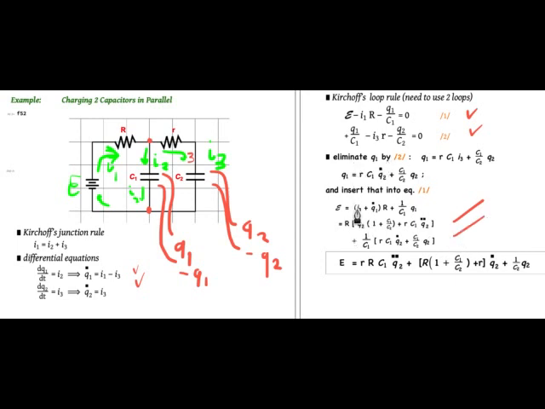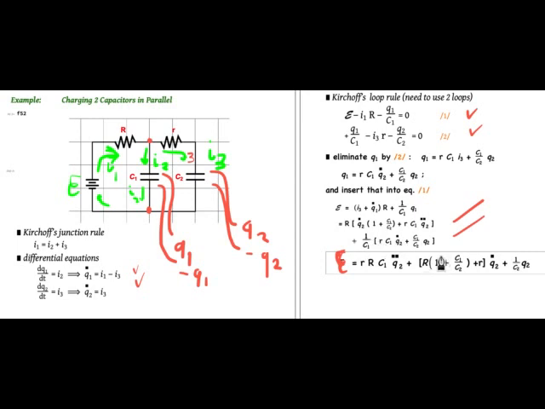And let's collect the various terms. I have E, not E the electric field, but E the EMF of the battery. E is, well, I have this term R C1 Q2 double dot. And then I have these various terms. There are two terms which involve Q2 dot. I'll have R times 1 plus C1 over C2 Q2 dot. And I'll also have R, the C1s cancel, Q2 dot.